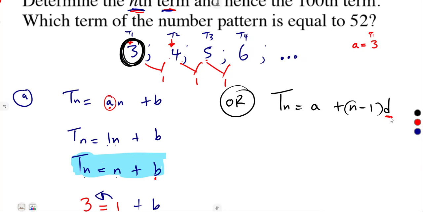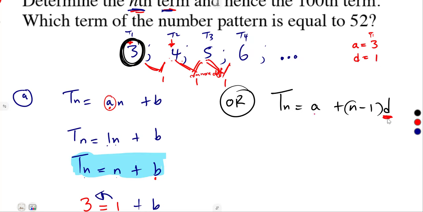We also know about the D being what? The common difference, this one, D. So already from those subtractions, 4 minus 3, this and that, we were calculating the common difference. So we already have the value of D, which is 1.